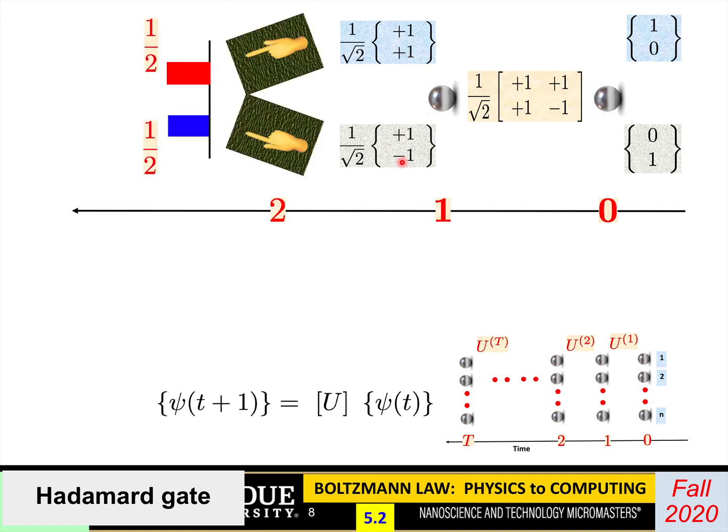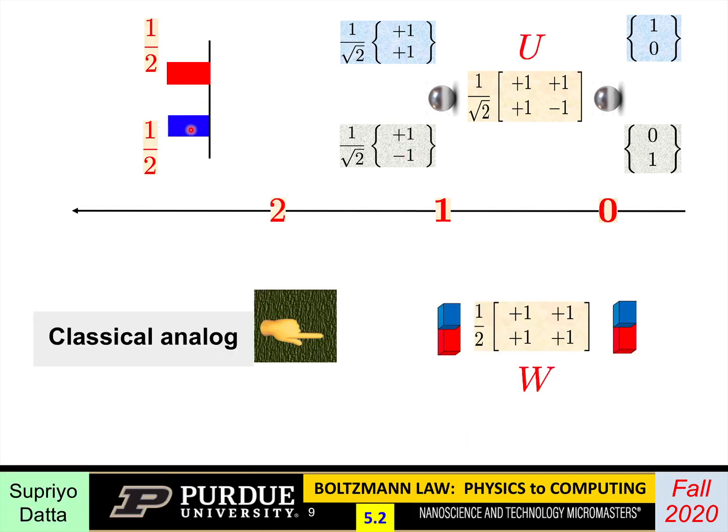Now, of course, if you ask for the probabilities, the negative sign doesn't matter, because the way you get probabilities is you take wave functions and square them. So you'll get half probability of being up, half probability of being down. Now the point is that this is a lot like what you might have got with a probabilistic circuit.